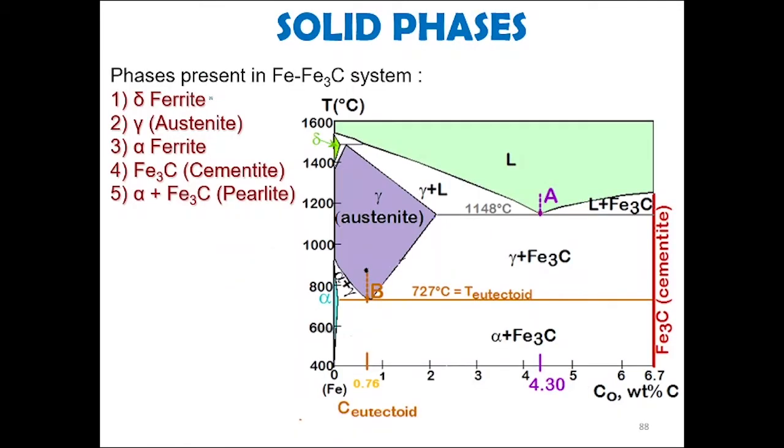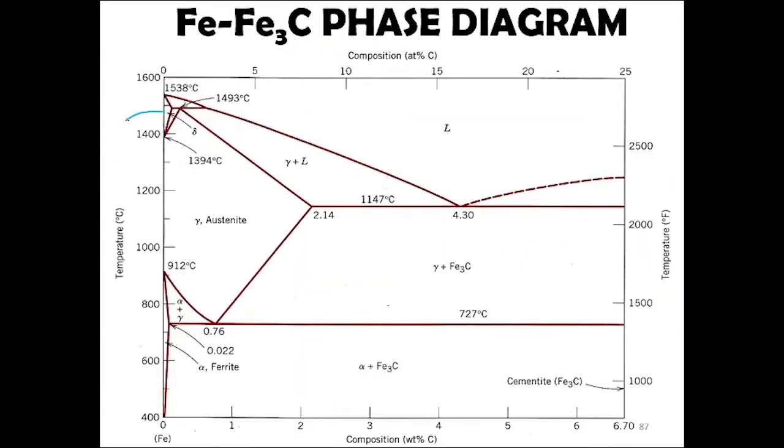We take a look at our first solid phase, which is delta ferrite. Delta ferrite, located at this region, is a solid solution of carbon in iron and has a BCC crystal structure. The BCC crystal structure is also the same as alpha ferrite in this region over here.